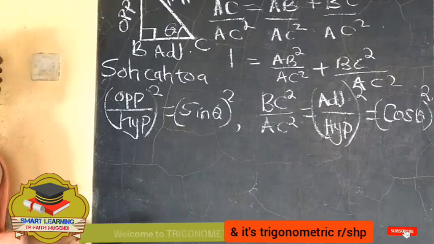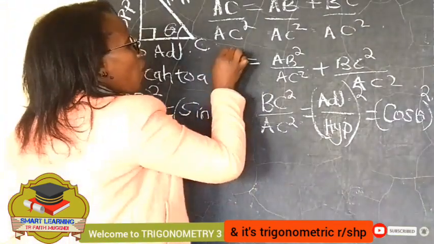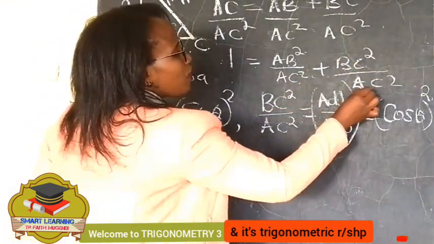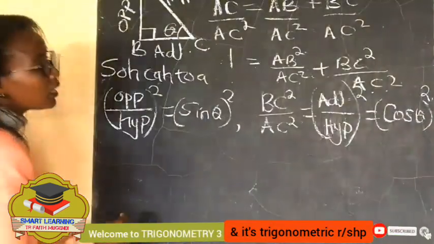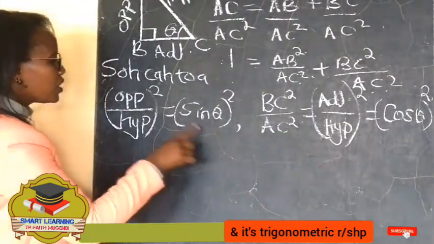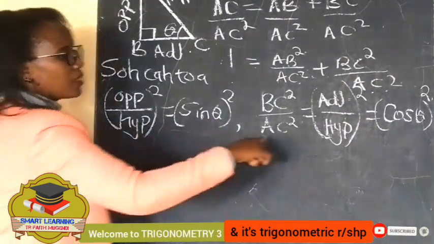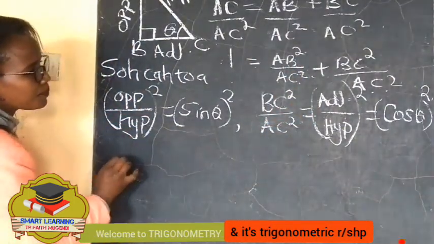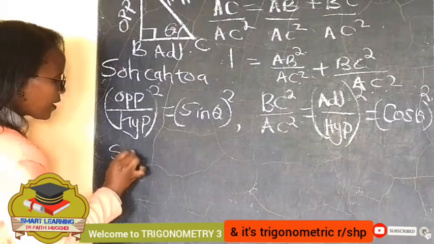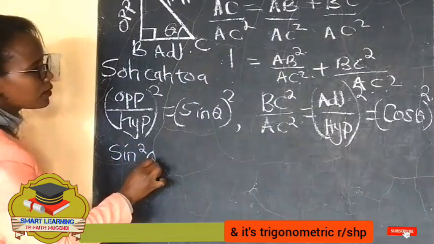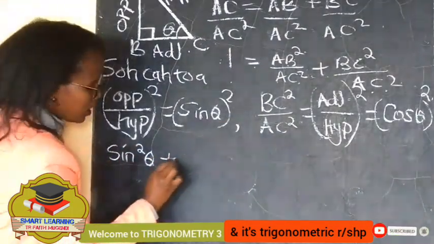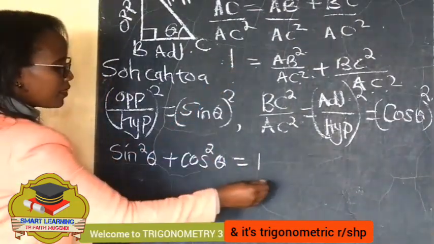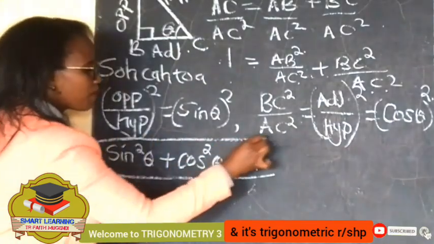So if that is the case, then 1 equals AB squared over AC squared plus BC squared over AC squared can be written in another way, substituting this with sine theta squared and this with cos theta squared. Therefore we shall have sine squared theta plus cos squared theta equals 1. And this is the identity we are talking about.